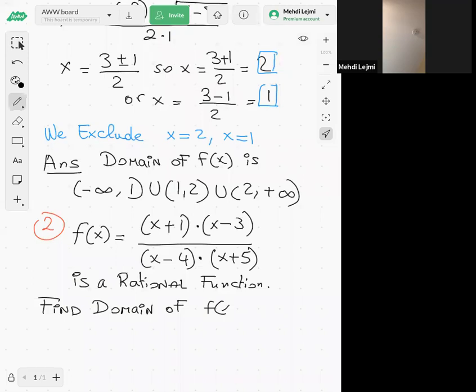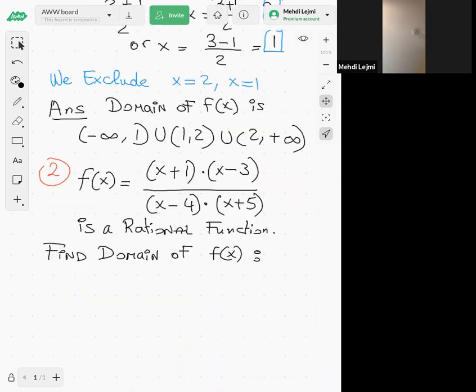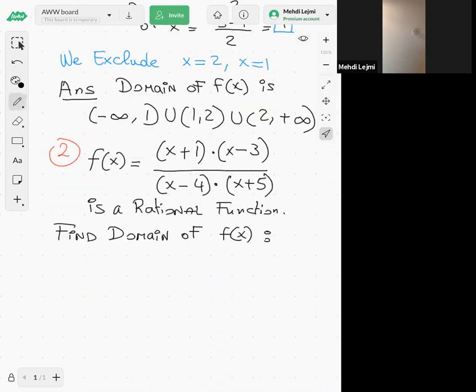All right, so all you have to do is, again, solve the denominator equal to 0. So we have to solve x minus 4 times x plus 5 equal to 0. Right.